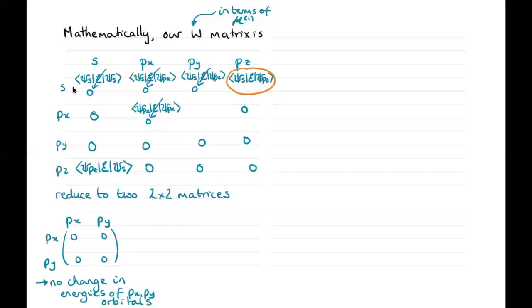And the other, which is in the basis of s and pz, has these non-zero terms. Let's call them W s pz.